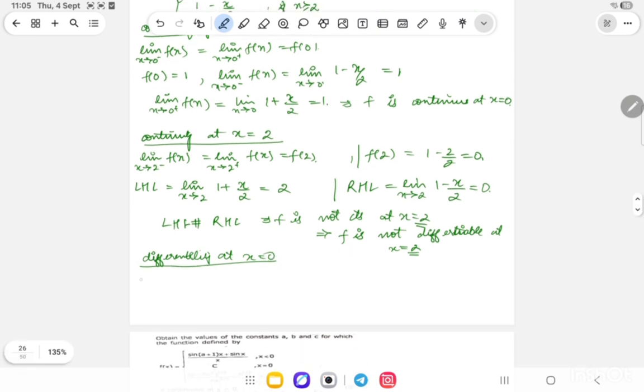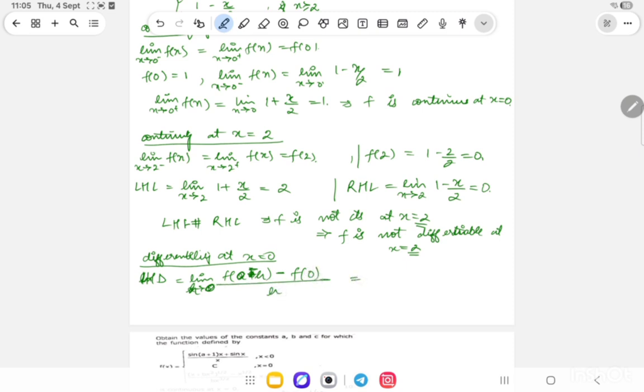So my left hand derivative would be the limit as h approaches 0 of f of 0 minus h minus f of 0, upon minus h.